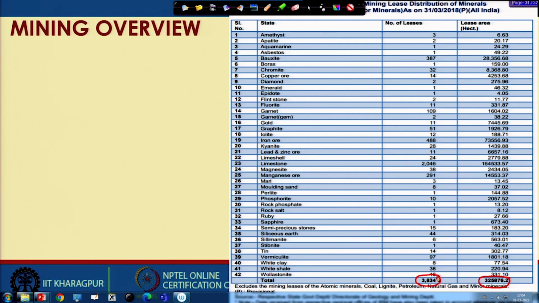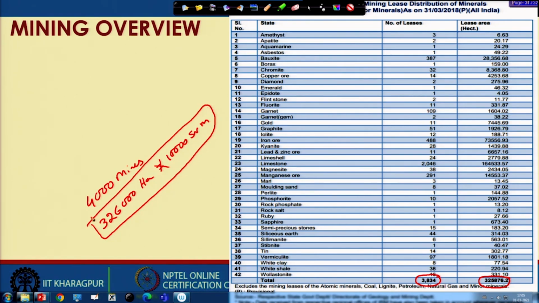This shows that in India around 4,000 mines are under operation, and these 4,000 mines occupy approximately 3,26,000 hectare. 1 hectare means 10,000 square meter. So, this much area is occupied by these mines.